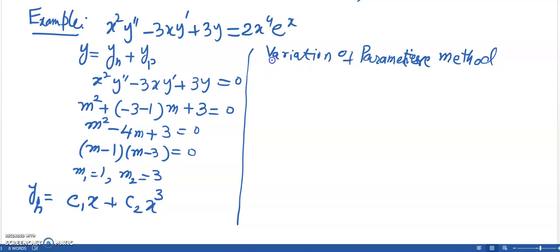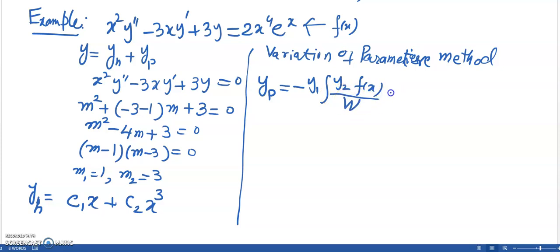So if you recall, for the variation of parameters method, the particular solution is equal to minus y1 integral y2 f of x, let's call this function f of x, divided by the Wronskian of y1 and y2 times dx, plus y2 integral y1 f of x divided by the Wronskian dx.